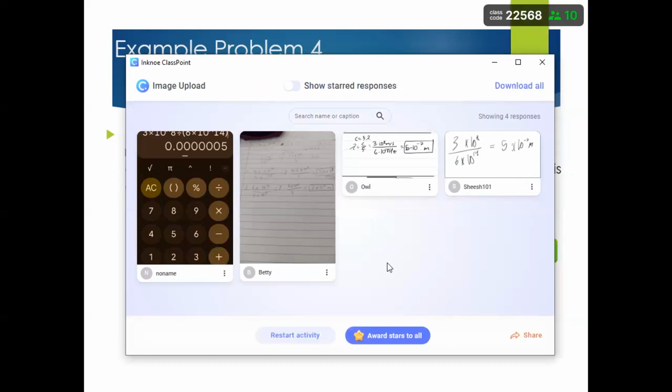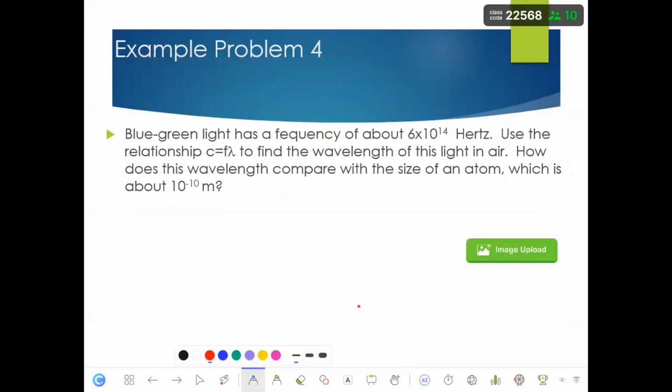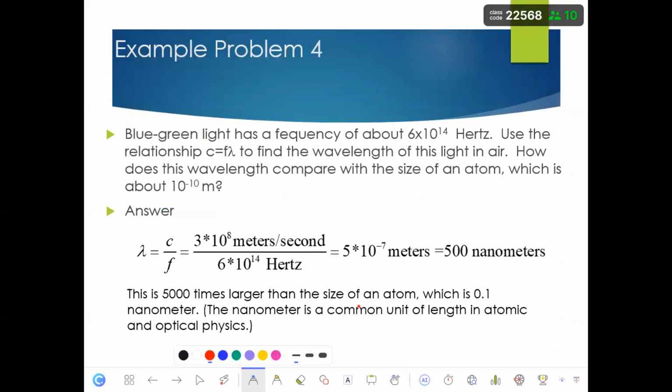Okay, I'm closing the submission. I forgot to award. So let's see the answer. Yes, it's going to be 5 times 10 to the power of negative 7 meter. And then you see it is 500 nanometers. 10 to the power of negative 9 meter is 1 nanometer.